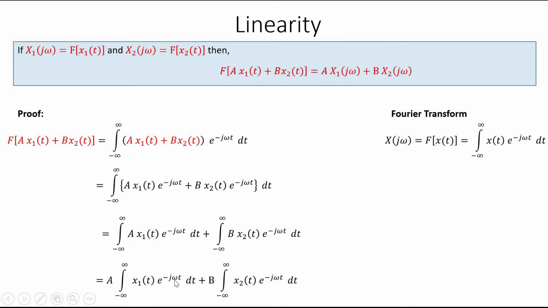Comparing these two, this is the Fourier transform of x1 of t, that is x1 of j omega. So it becomes a into x1 of j omega, and this is the Fourier transform of x2 of t, that is x2 of j omega. So it becomes a into x1 of j omega plus b into x2 of j omega. Hence the proof.